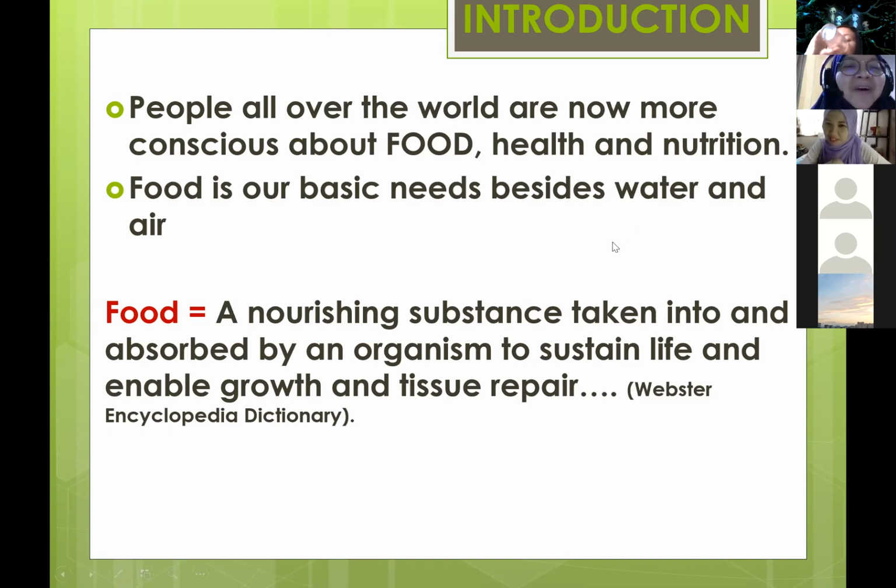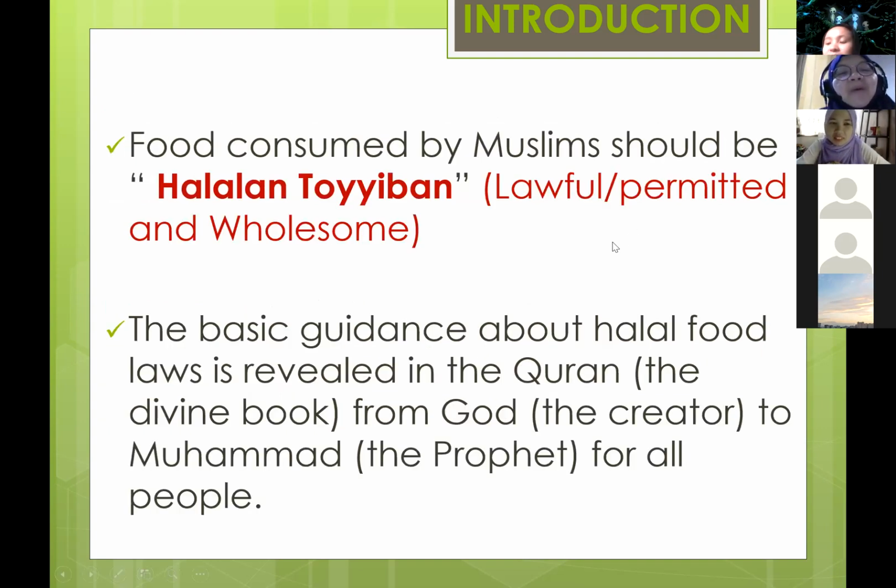So for Muslims, it is a command from Allah for us to consume halal and tayyib food. This term is used together in the Quran. You can find 4 places that mention halalan tayyiban in Arabic, or in Malay halal dan tayyib, or in English halal and tayyib.